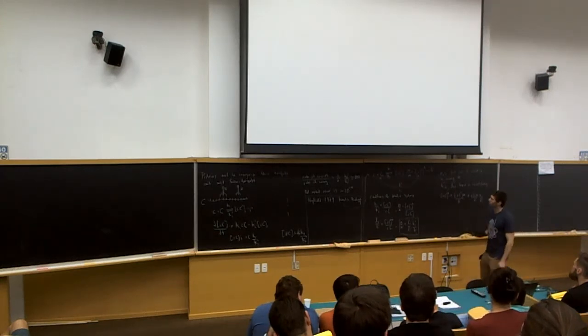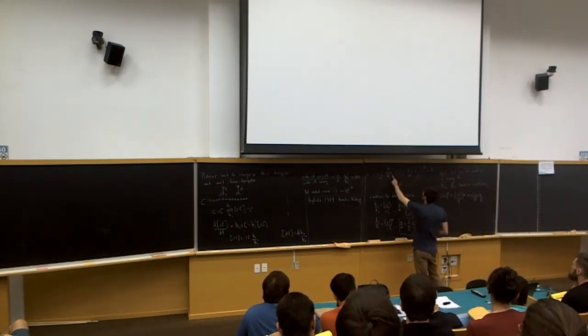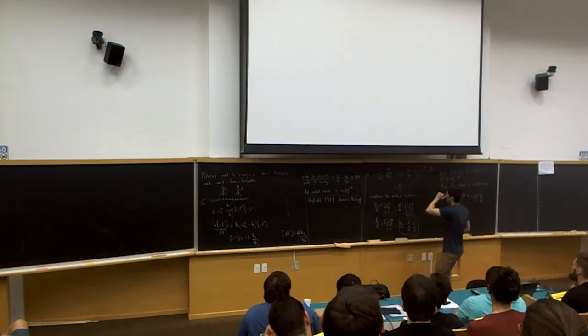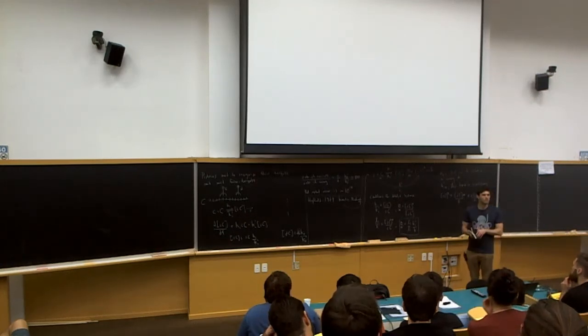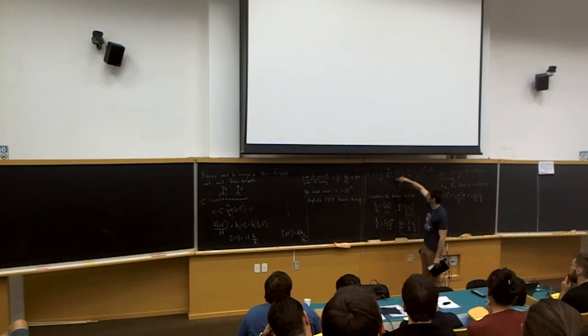Say that one more time. I don't think I'm assuming that. Am I assuming that? If I cared about the concentration of these, then that's true. I would need to think about whether I want these to be the same order or much smaller.